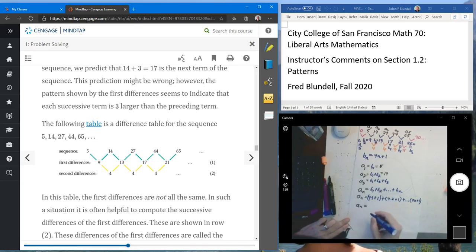So adding all of those together, this 1 and that 1, so forth, adding all those 1's together gives me an n. Plus I've got a 4, plus 2 times 4.